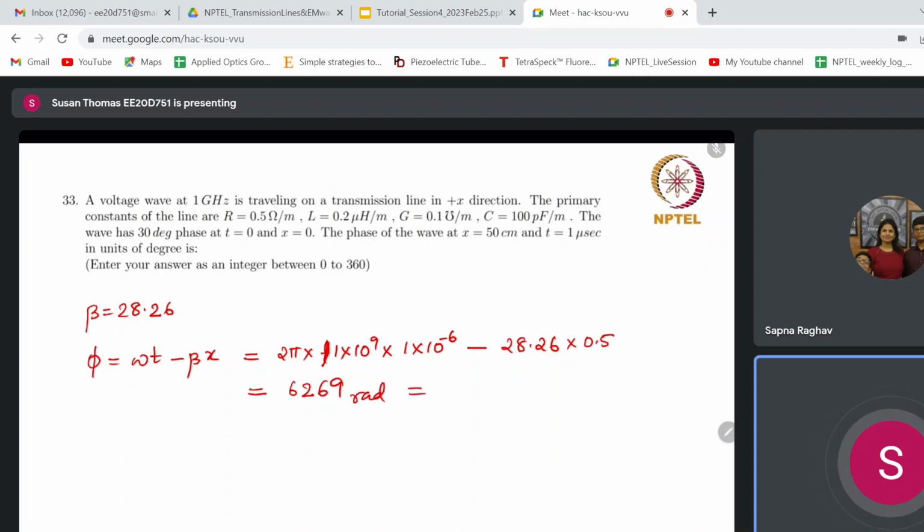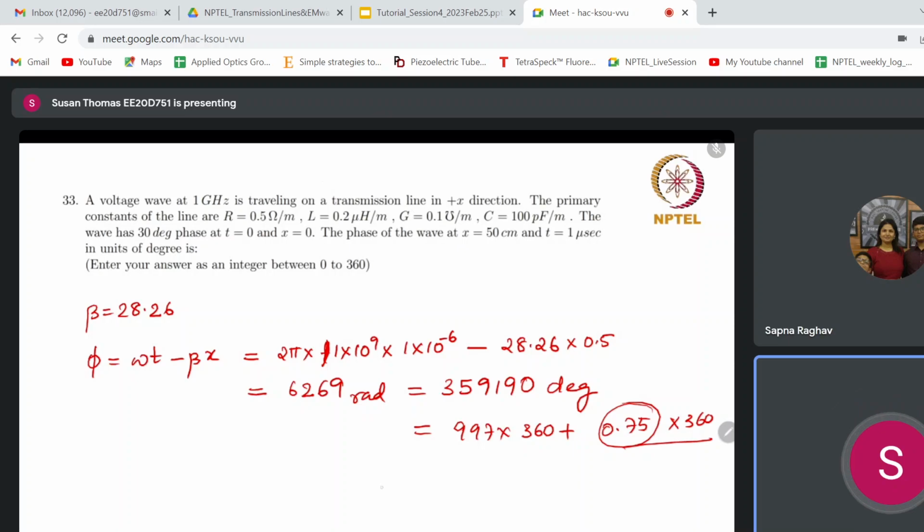Convert it to degrees, that becomes 359190 degrees. So basically, it is nothing but 997 into 360 plus 0.75 into 360. If you take how many 360s there are, it is 0.75 into 360.